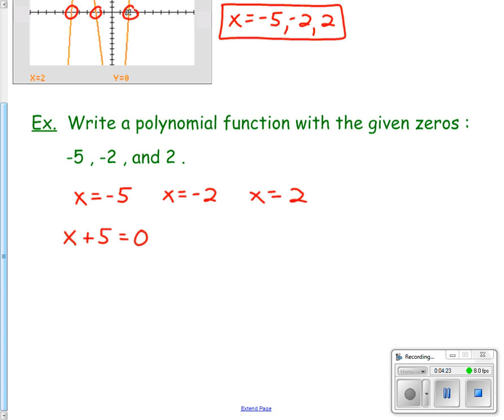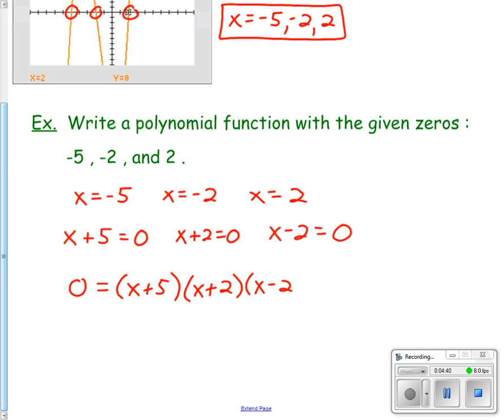I have that equals 0. I'll add 2 to both sides. That equals 0. I'll subtract 2 from both sides. This tells me that the factors of my polynomial are x plus 5, x plus 2, and x minus 2. Because when I set any of those equal to 0, I get my 3 solutions.